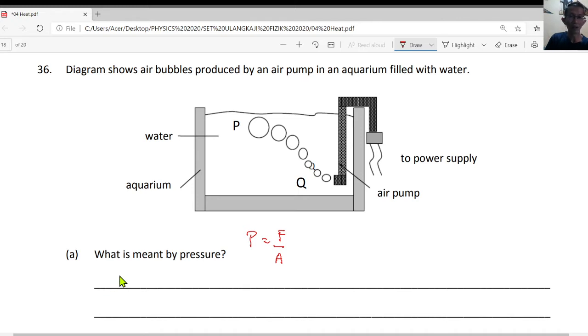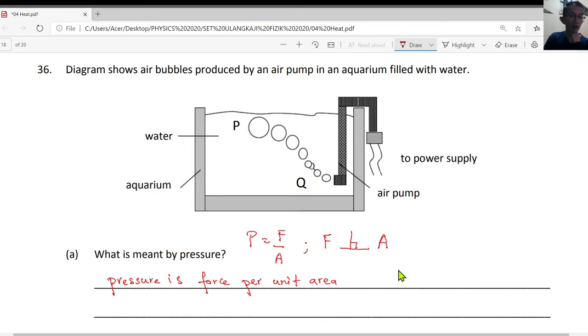Pressure is force per unit area. And I would like to remind you that the force and the area must be perpendicular.